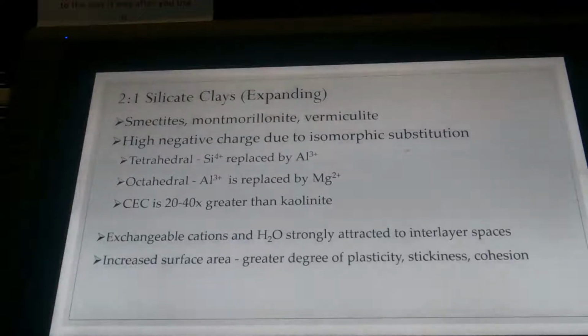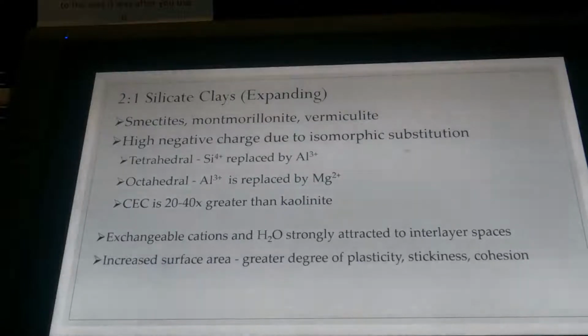Now we're talking about the big cup. They have a high negative charge because of that isomorphic substitution in the upcoming slides. So in the tetrahedral, we will have that silica replaced by aluminum, and because we have a change in charge between positive and negative, we'll have a change in the overall net charge of that structure.